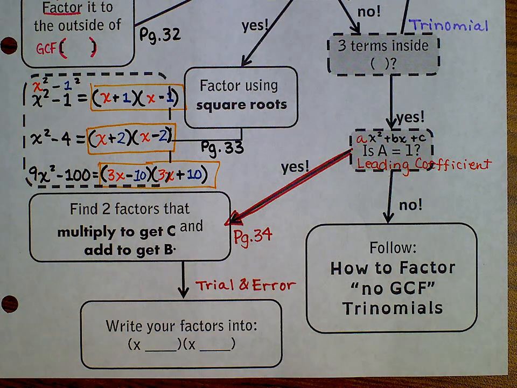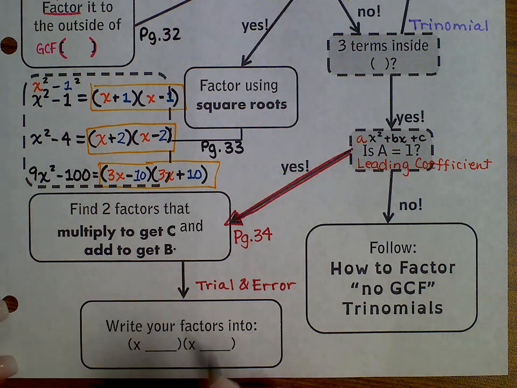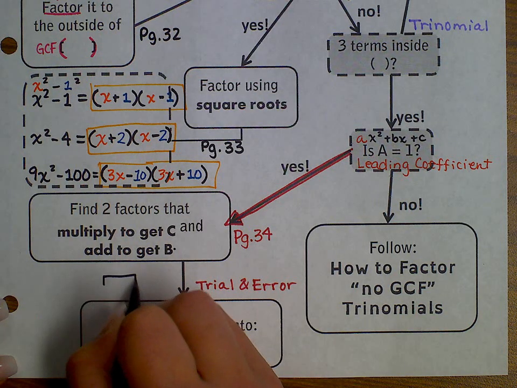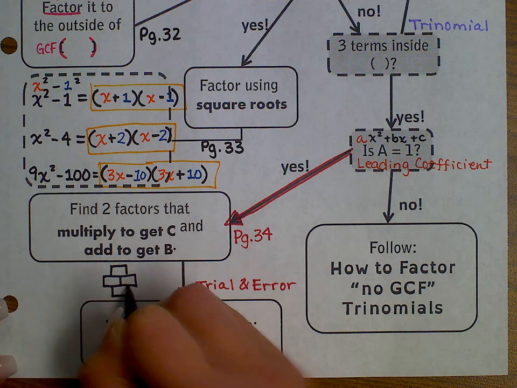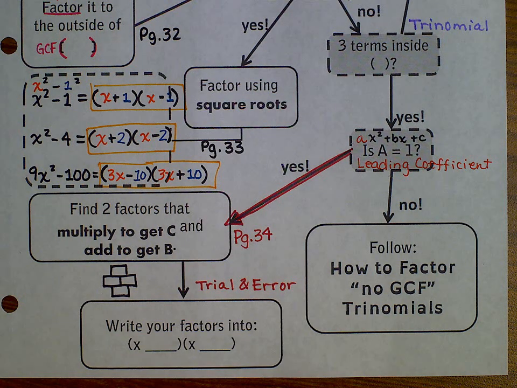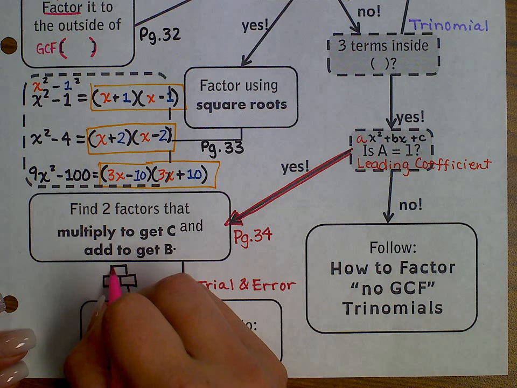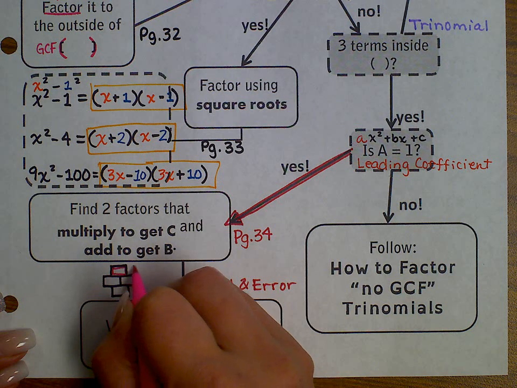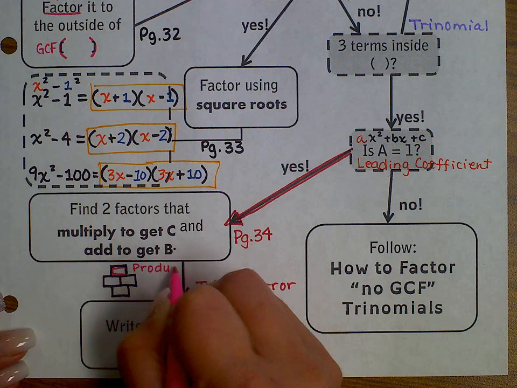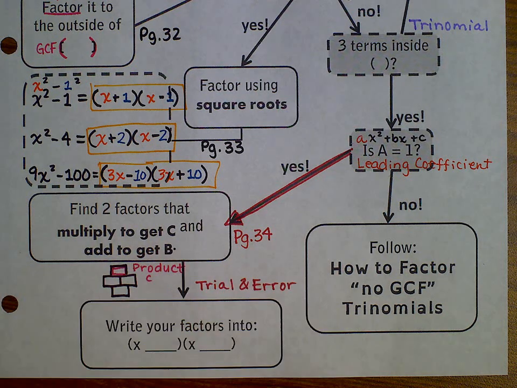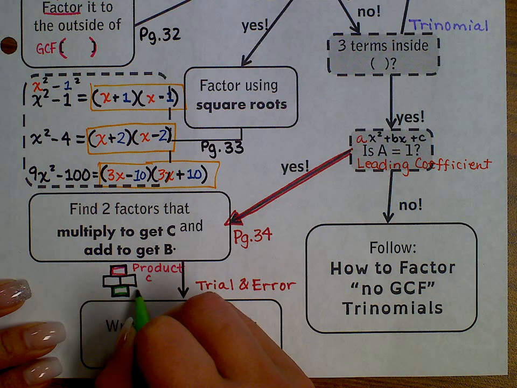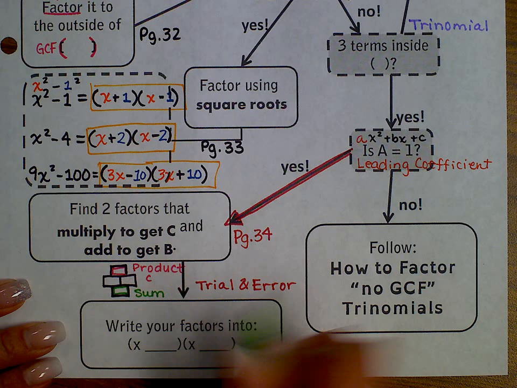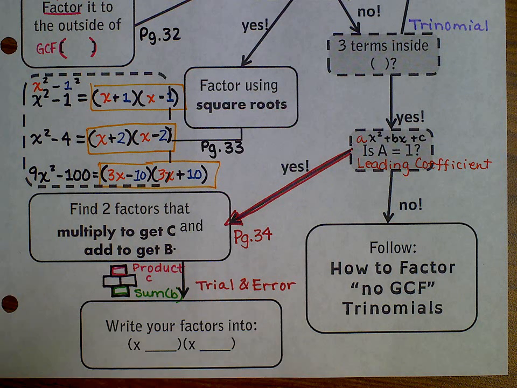A lot of you just use the little boxes. What went on the top again? That was called the product, which was your C value. And the bottom part was the sum. Do you remember what letter that was? That is the B value.